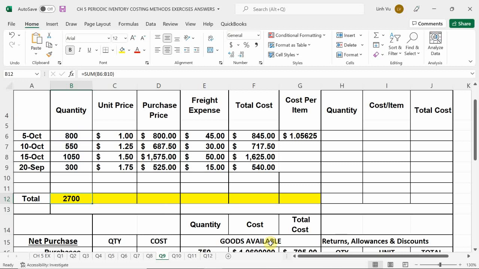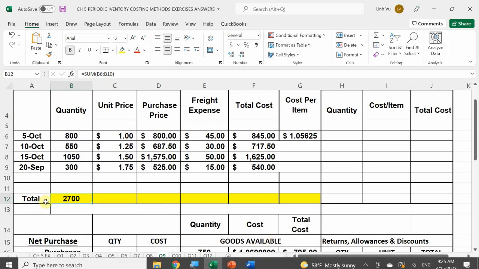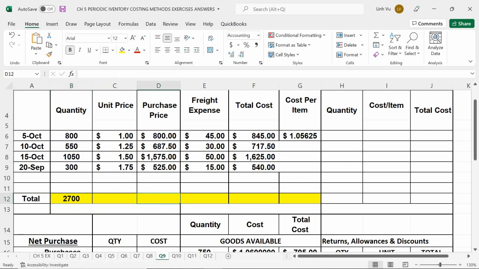Right, 550 plus 1050 will bring you up 1. Right? 1 plus 5 plus 3 is 18, plus 18 is 16, plus 1 is 27. In this case, I got 2,700. Yes. All right. And then let's see.